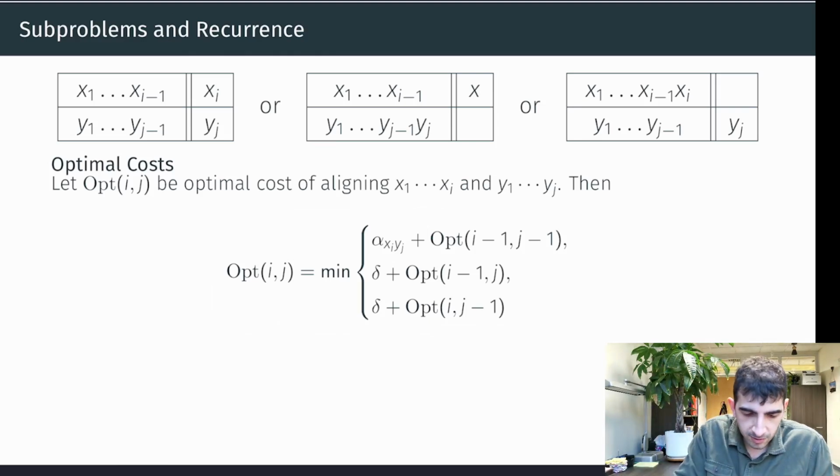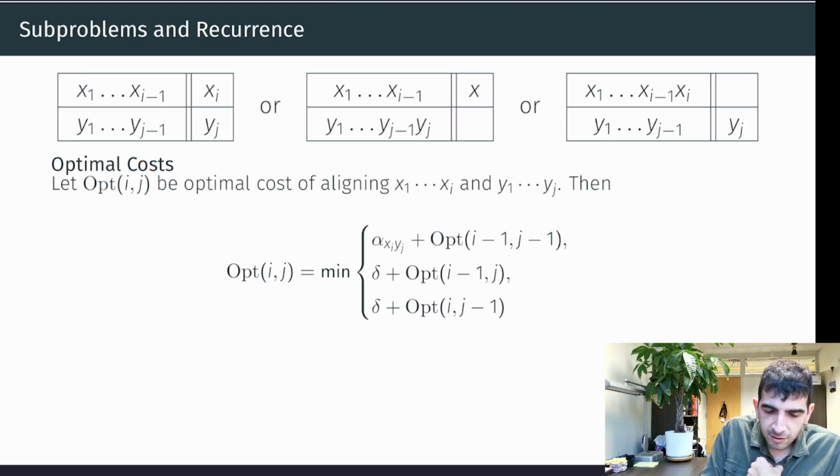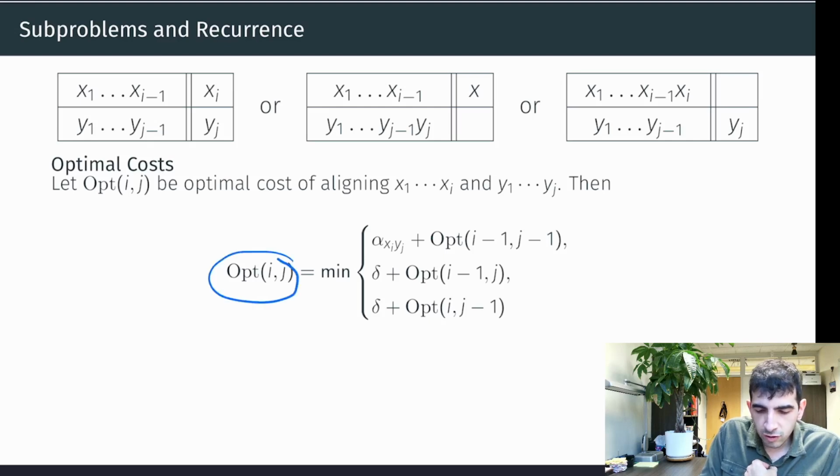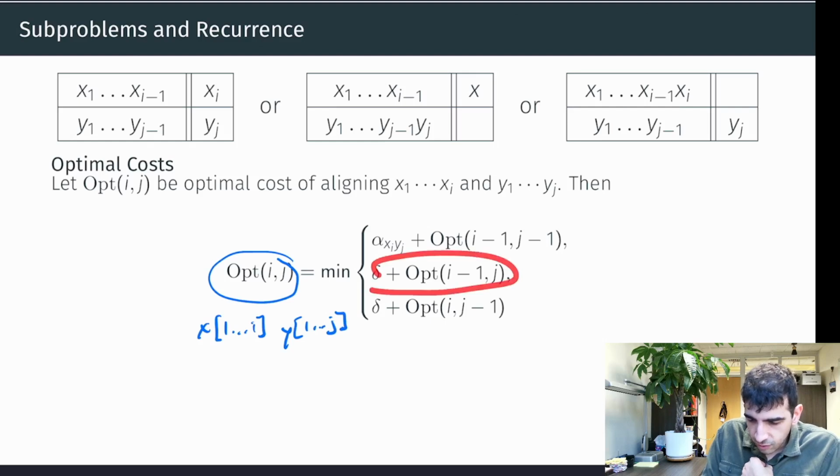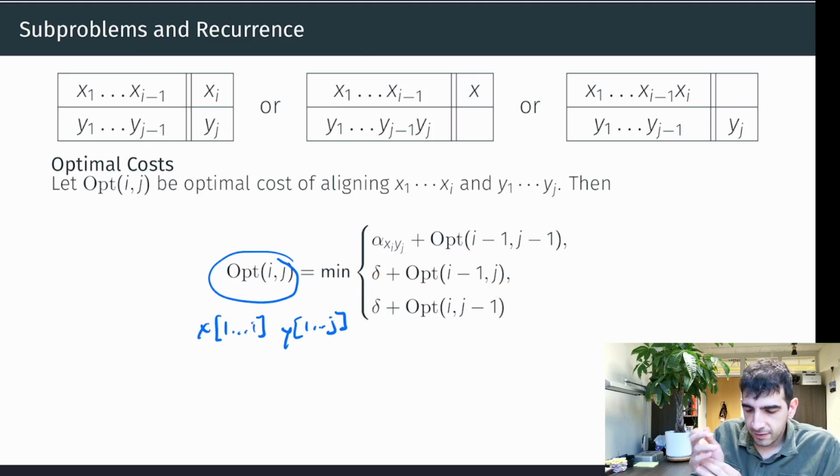Let's write a function opt that takes in two strings, or more correctly, two string prefixes, and it says the optimal alignment of these two string prefixes x1 to xi and y1 to yj is equal to either the case where they're both matched, i.e. you pay some transformation cost and nothing else, or the case where you have a deletion, or the case where you have an insertion.